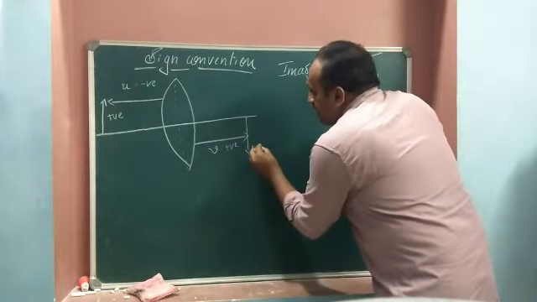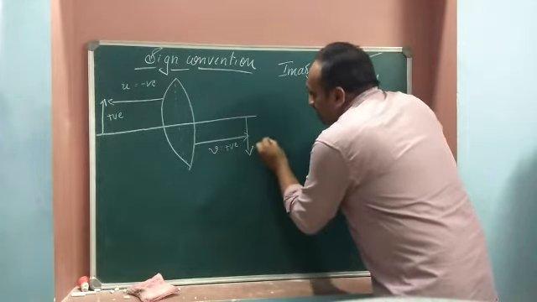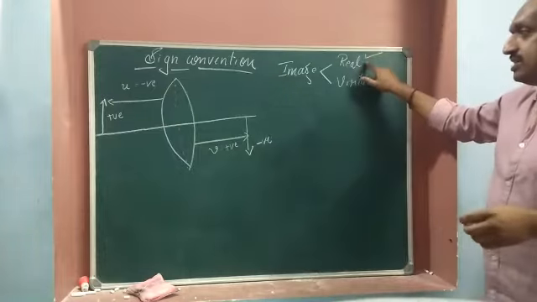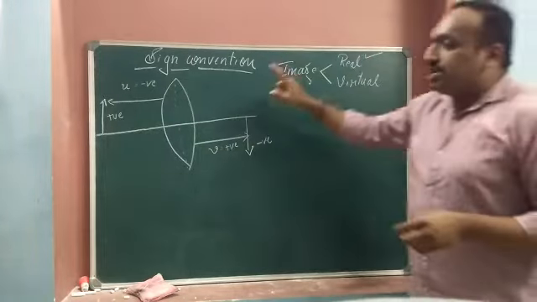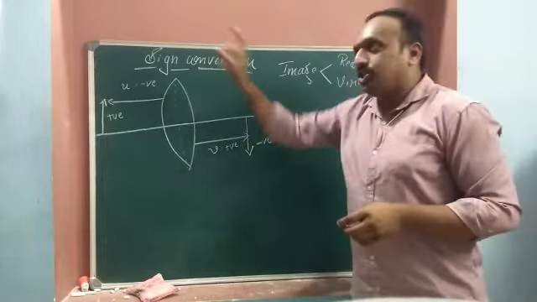So the image height will always be negative for real images. And for the virtual images, it will be positive, that you know. See here, if I consider O as the object height and I as the image height, object height will always be positive, whereas the image height will be negative for the real image and positive for the virtual image.